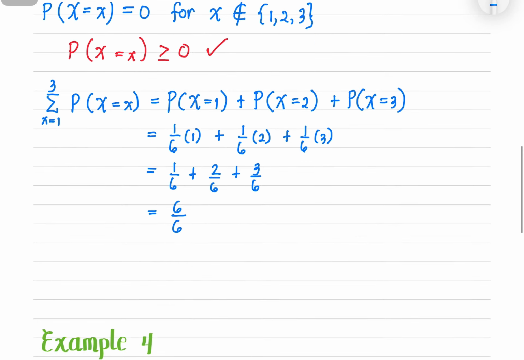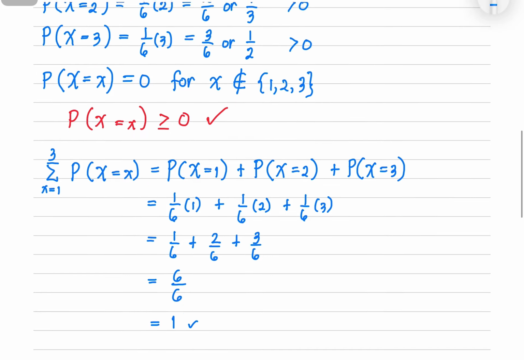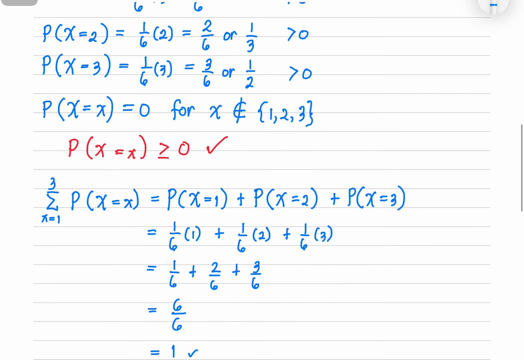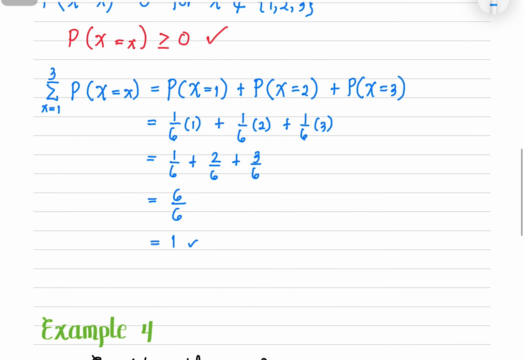And then, dito, pwede na tayo mag-simplify or mag-divide. 6 divided by 6 equals 1. Okay? So, na-prove natin na yung second property, yung sum ng probabilities natin ay equal to 1. So, therefore, na-satisfy niya yung second property din. Okay?